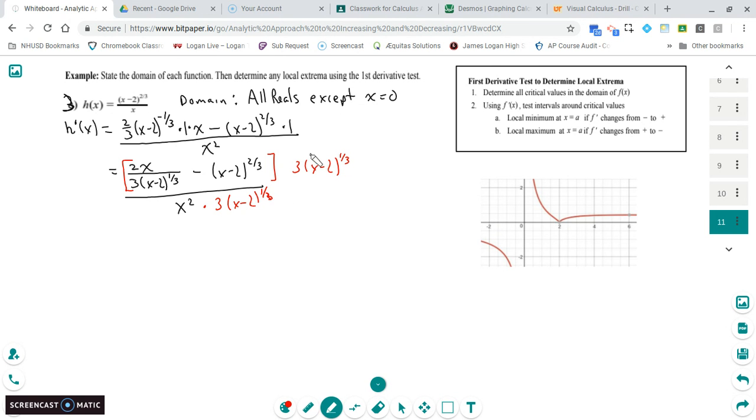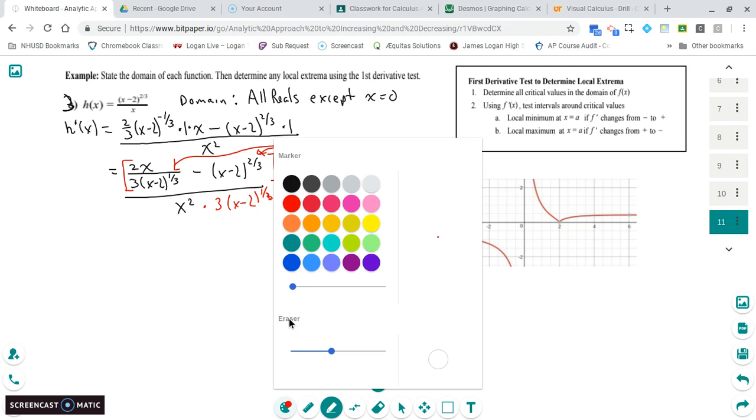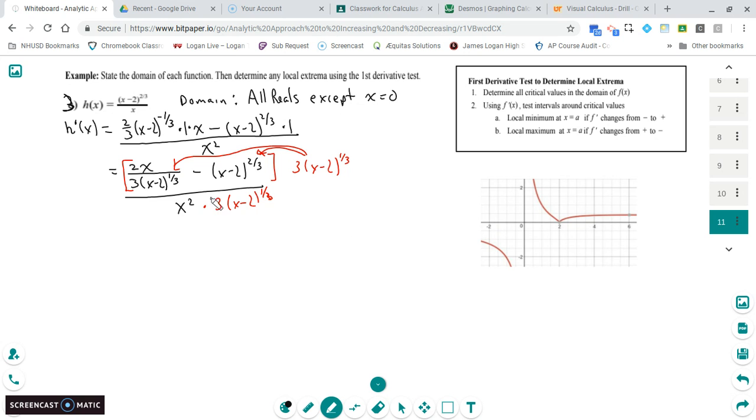Now in the numerator, I'm going to have to distribute. So we're multiplying this term times the first term, and then we multiply it times the second term. So how does that work out? Because we're multiplying the first term and the denominator is common, that's just going to cancel out the denominator.